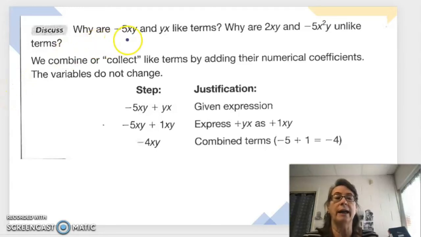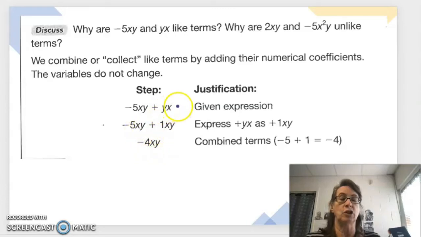So why are negative 5xy and yx like terms? They're given in the expression. The xy and the yx are not different from each other. They're just in a different order, which doesn't matter. And here we could change this to have the same look as this one.